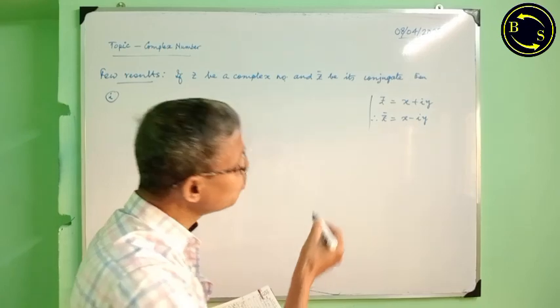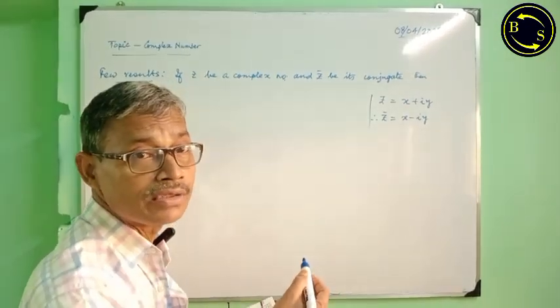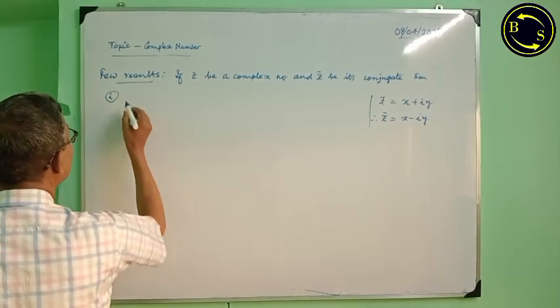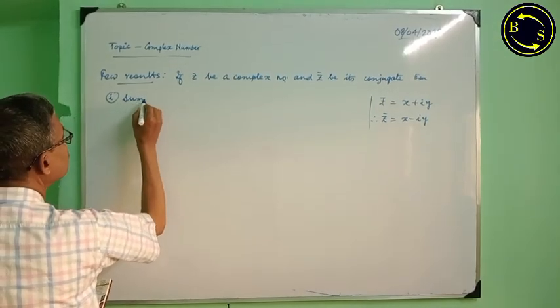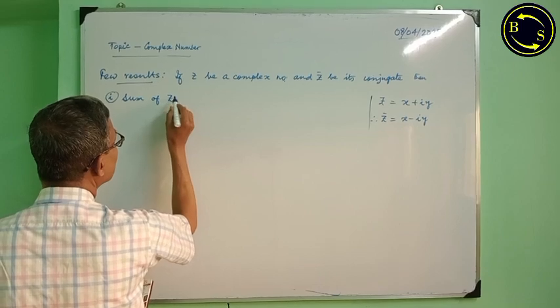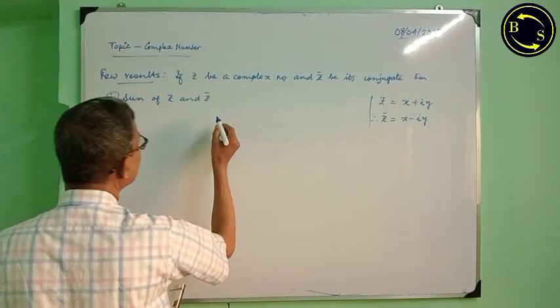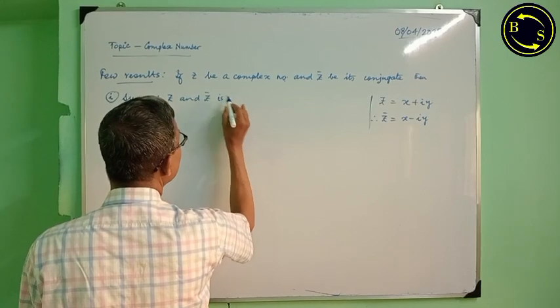If we add these two, what do we find? Imaginary parts will be cancelled. Sum of z and z bar is real.